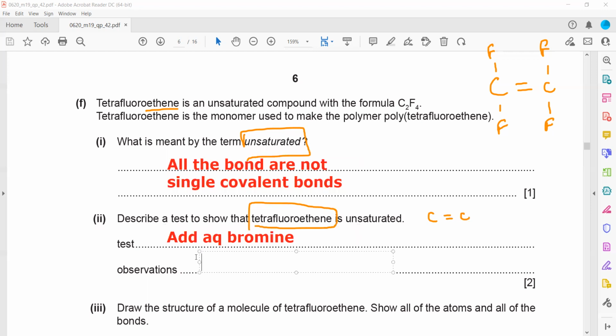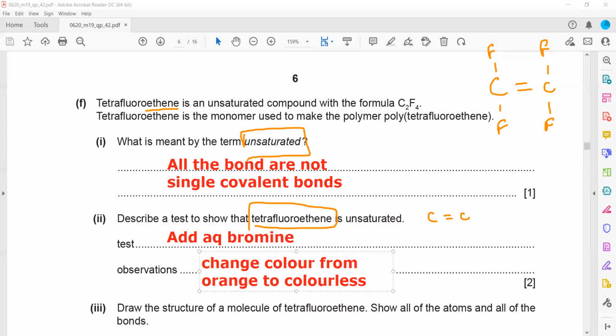It will change the color from orange to colorless. Or you can also say it decolorizes the bromine water. If it was only bromine liquid, then it will change from red-brown to colorless. If it is aqueous bromine, then it will be orange to colorless.